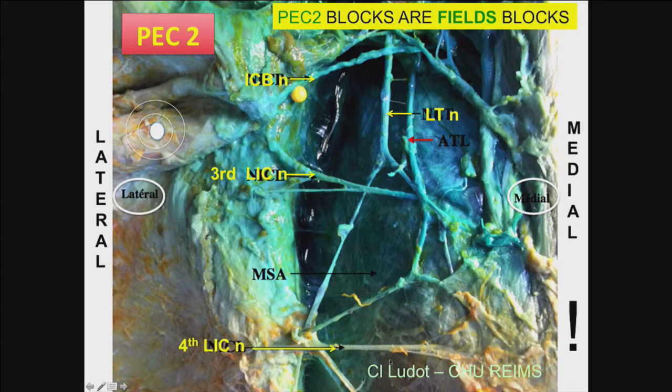And you see that this area is not perfectly stained by the methylene blue. This is simply due to the fact that while we do this block, we do a single bolus injection, and in most cases, we have a concentric spread in all directions. And that's not always what we want.